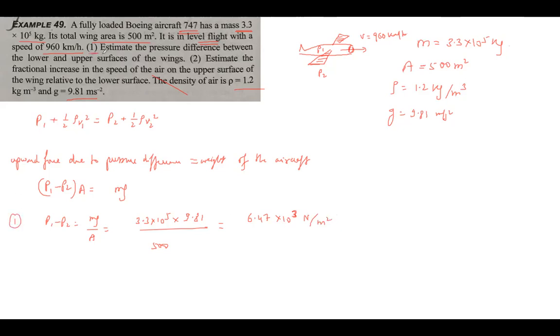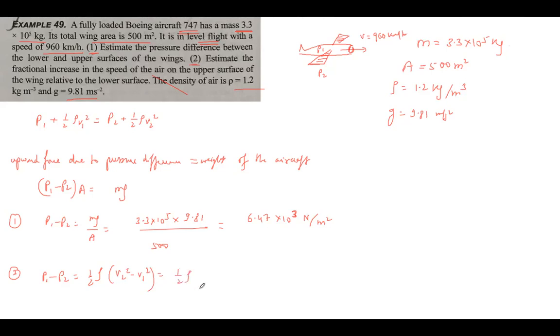Now second is estimate the fractional increase in the speed of air on the upper surface. So now, second part: by Bernoulli's theorem we will get P1 minus P2 is half rho (V2 square minus V1 square).